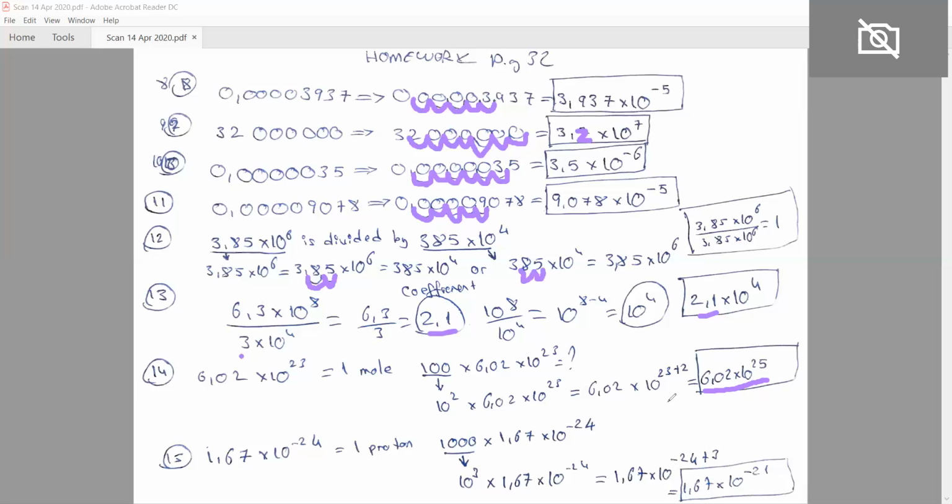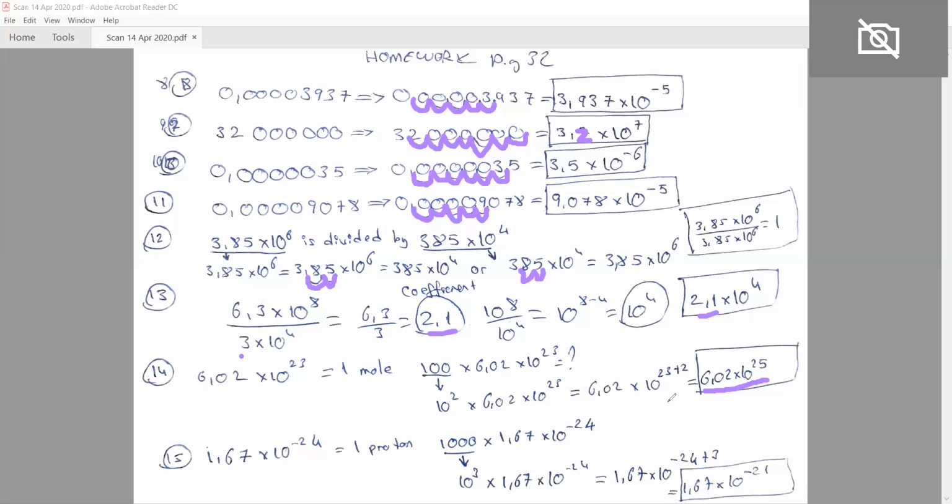Same base, we add the powers when we do multiplication. So 10 to the power of 23 plus 2 will be 10 to the power of 25. And then my number is going to be 6.02 times 10 to the power of 25. Correct?